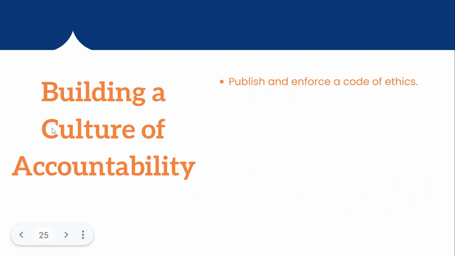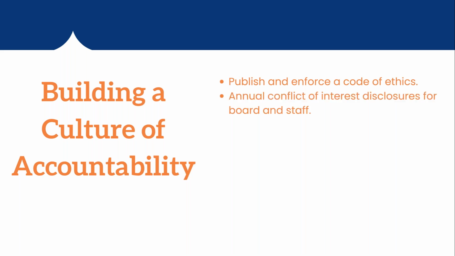Building a culture of accountability. Prevention starts at the top, meaning controls are powerful, but culture is stronger. Leadership must set the tone. Publish and enforce the code of ethics and have everyone disclose potential conflicts of interest every year. Have annual conflict of interest disclosure for board and staff.